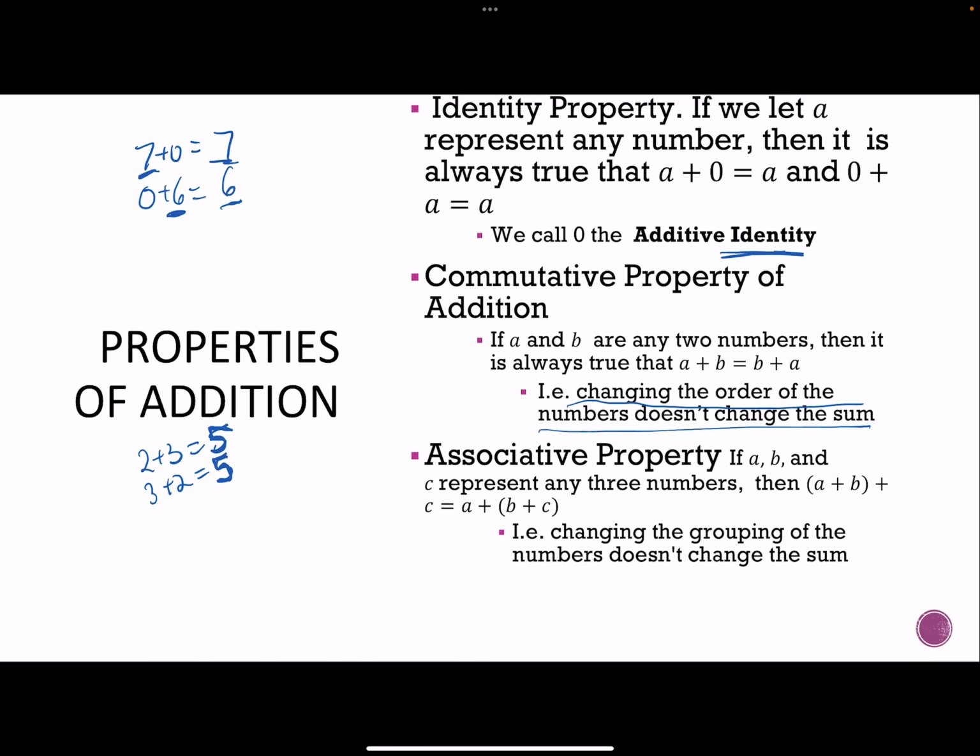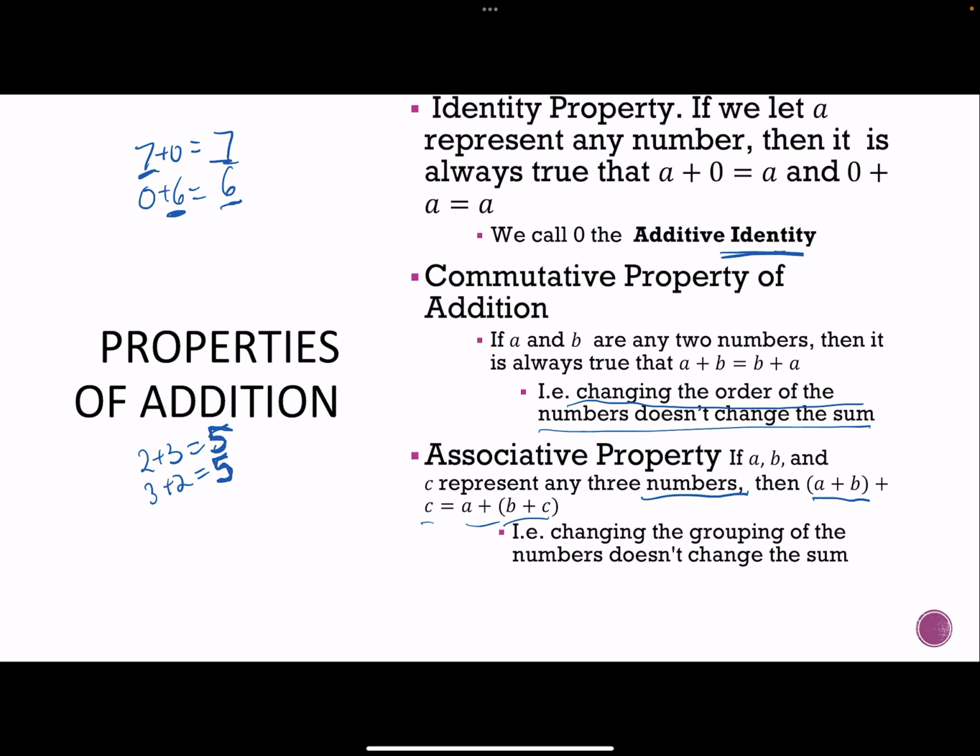And the third property we're talking about is the associative property. If a, b, and c represent any three real numbers, again, we're working on the real number line, then (a plus b) plus c equals a plus (b plus c). That is, changing the grouping of the numbers isn't going to change the sum either.